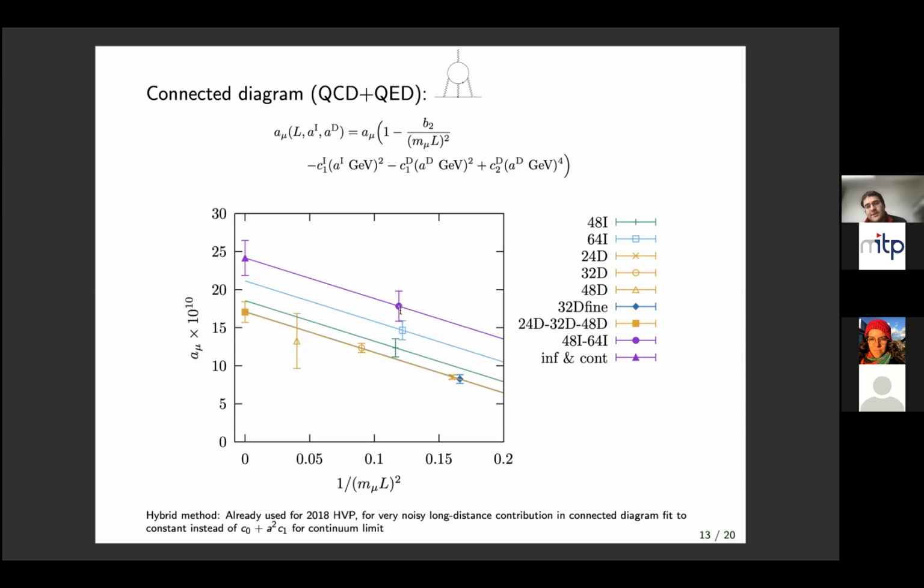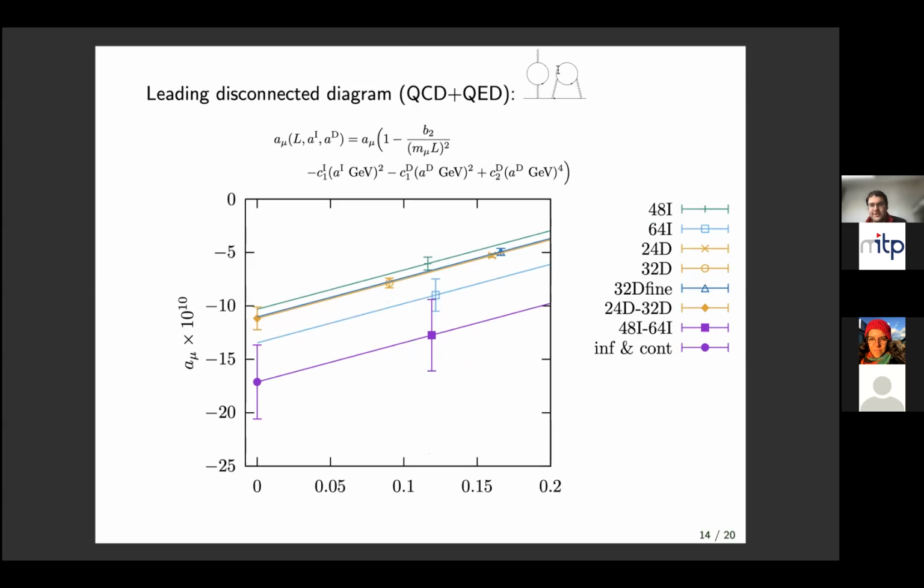So this is the infinite volume continuum extrapolation already. If you just looked at the 48I one, this was the previous result of the 10 point something. And you can see that this almost doubles in size in the infinite volume extrapolation. If you look at the other important diagram, the disconnected diagram, you see that this also receives finite volume corrections of almost 100%, but they go in the other way, so they cancel again.